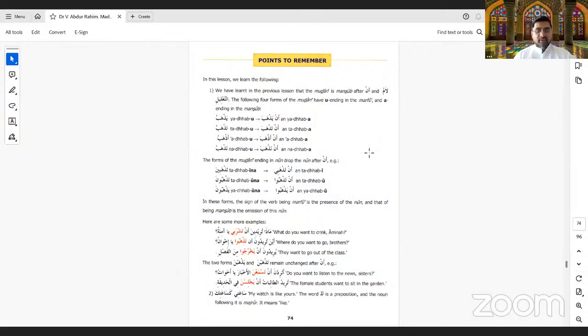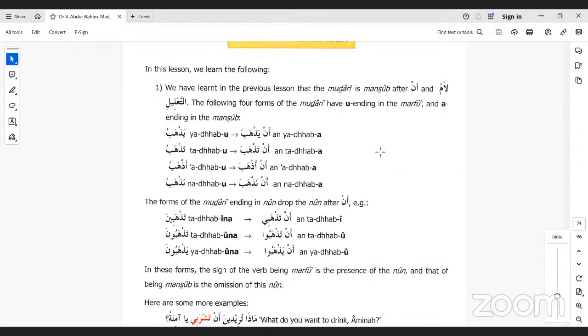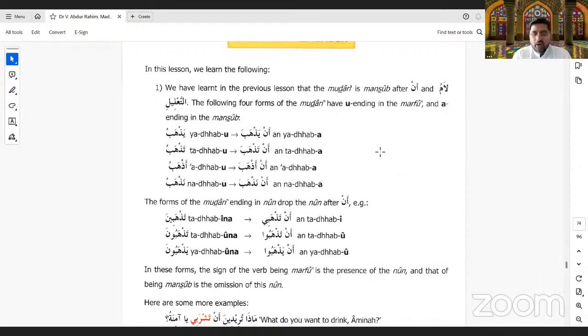Let me just explain it before you start. Now, this lesson is talking about an. This an is added to the present tense, and it gives the meaning of "to". For example, when you say yadhhabu, it means he is going. But sometimes in English, you say I want to go.